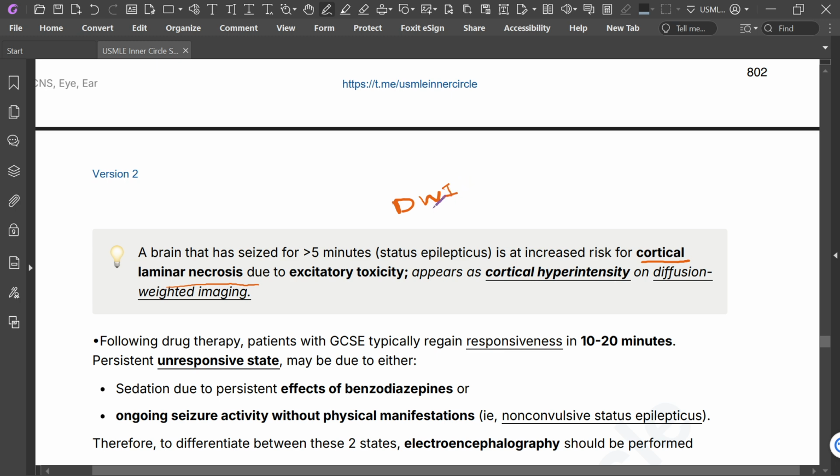If somebody has status epilepticus, how can you confirm through MRI? If you do an MRI, there may be cortical hyperintensity on DWI, diffusion weighted imaging. And if you find cortical hyperintensity, it is due to cortical laminar necrosis. So you can confirm that it is status epilepticus.